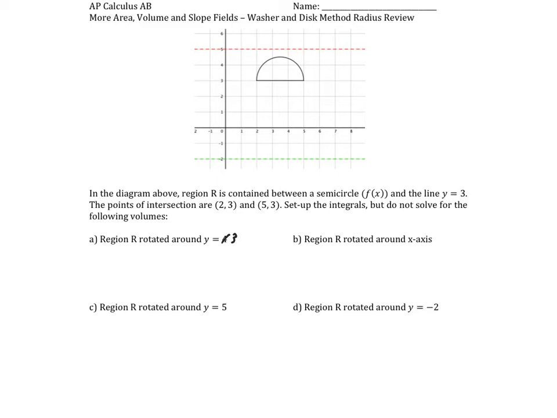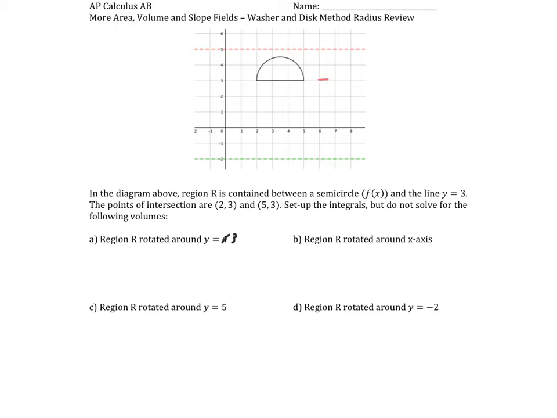So again, the area that's contained is that region in there. What they're asking us for is to just set up integrals finding the volumes through rotation. The first one, part A, is region R rotated around y equals 3, not 4, so make that correction. We're rotating it around this line y equals 3.